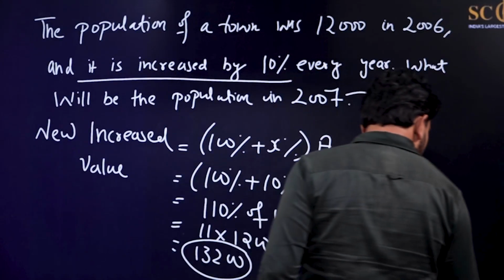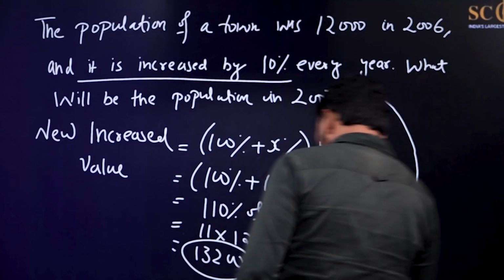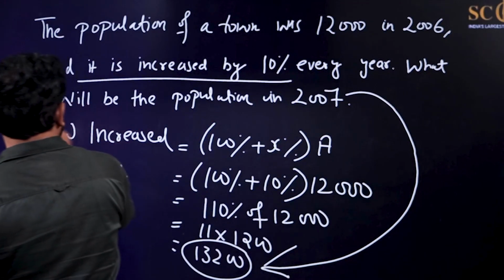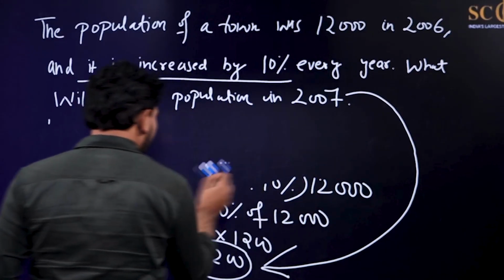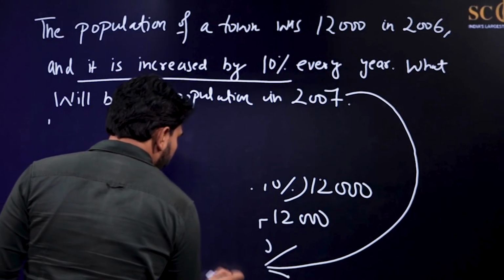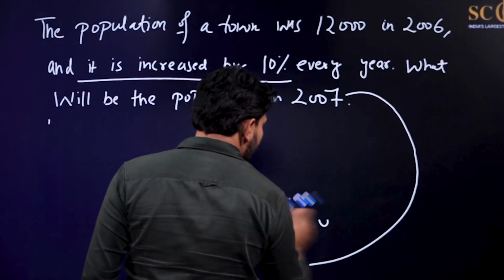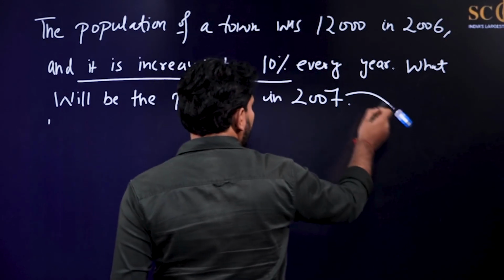Okay. So now I will just change a small thing in this question. Everything else will remain the same. I will just change the decrease part. The population of a town was 12,000 in the year 2006.